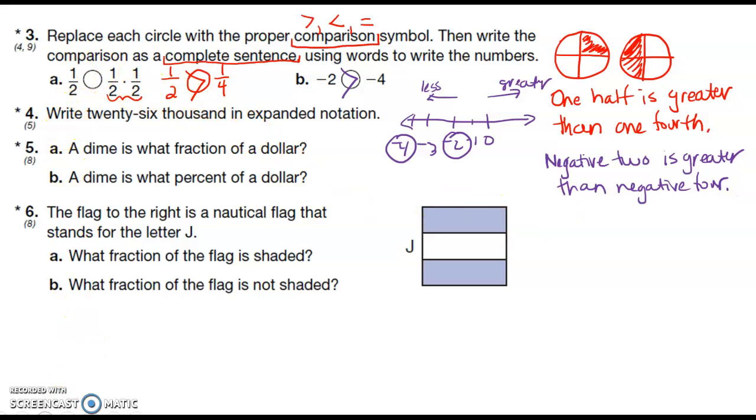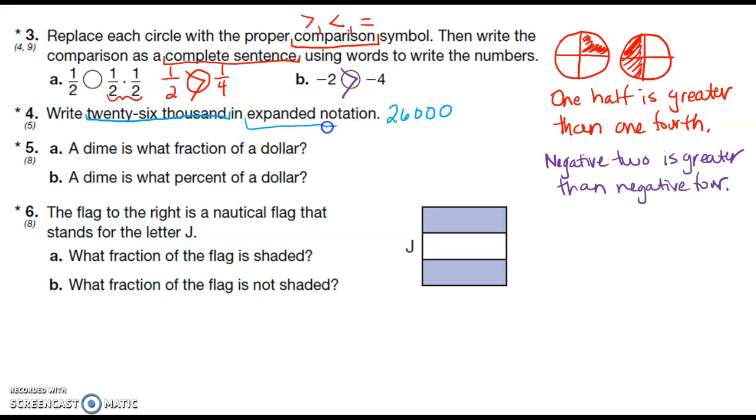Okay, number 4. Let me change colors because these are kind of squished together. Write 26,000 in expanded notation. So let me go ahead and erase some of what I have, and then I have some space to work that out. Okay, so let's go ahead and write out 26,000 so we can see what it looks like.